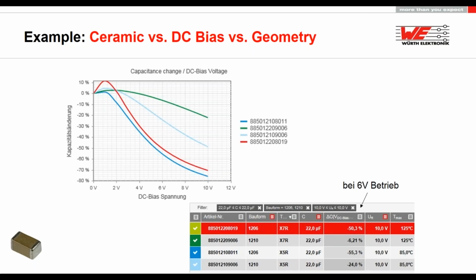And as you can see, just by the selection of ceramic and size, so X7R against X5R, 1206 against 1210, you have a change of capacitance at 6 volt of minus 6% against minus 55%. So just by selecting the ceramic material and the size, you really change the capacitance you get out of the design afterwards.